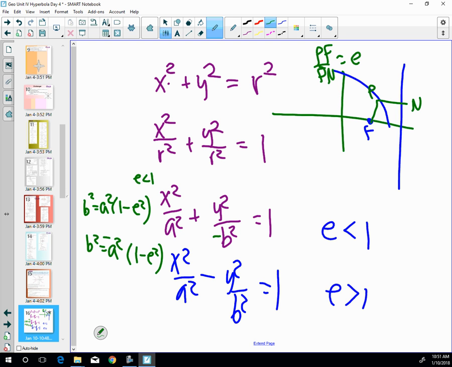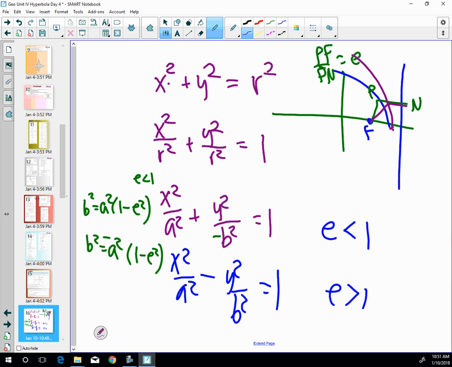Now if e was less than 1, the PF was shorter than this one. So for a hyperbola, apparently this one becomes shorter, so that PF is now greater than PN. And that's what changes it from being an ellipse to a hyperbola.